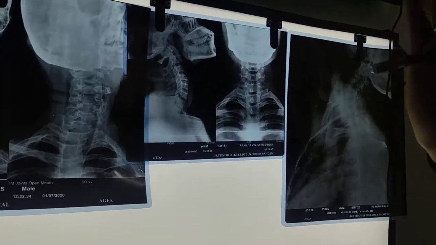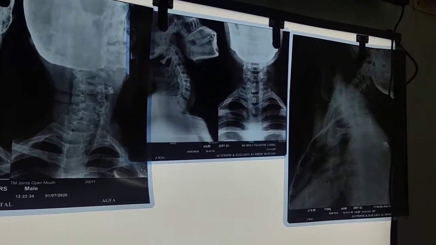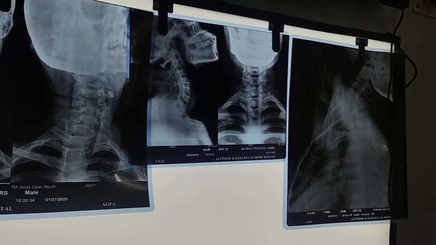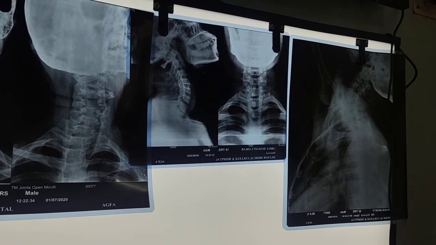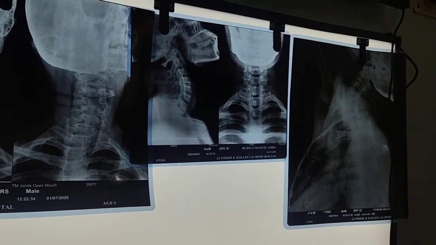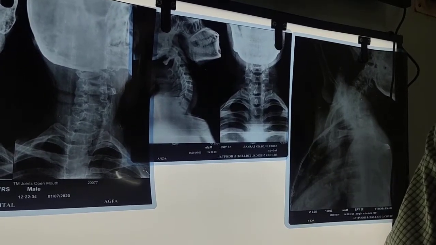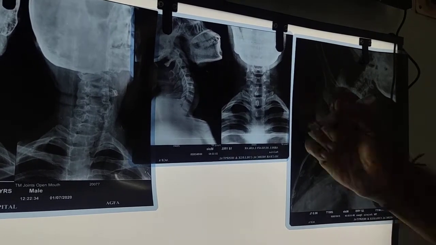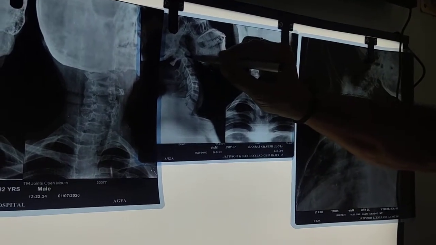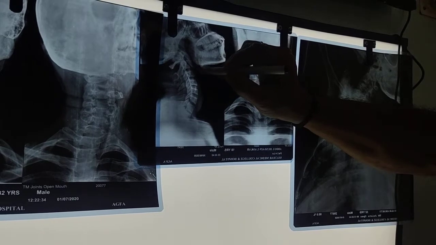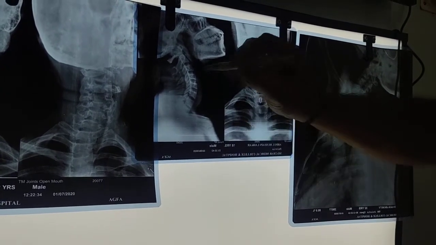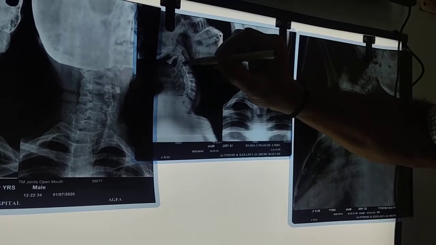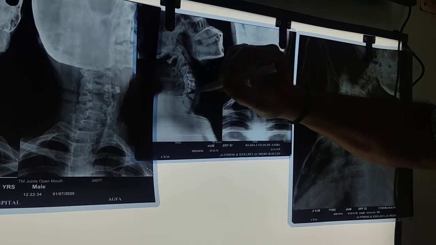Here we read the cervical spine injury lines depending upon some A, B, C, D. A means alignment. These alignments are basically assessed on the basis of lines. One line is going like this. This is your anterior vertebral line. Number two, this is your posterior vertebral line we are drawing here.